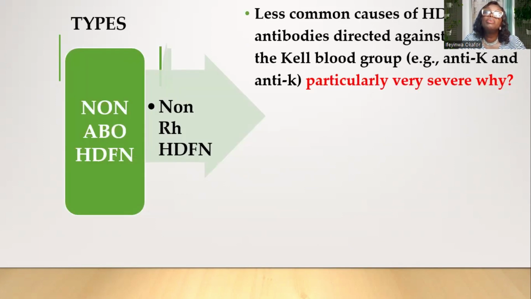A less common cause of HDN can be antibodies directed against antigens in the K blood group system, for example anti-big K and anti-little k. I said earlier that antibodies in the K blood group system also cause severe hemolytic disease of the newborn.